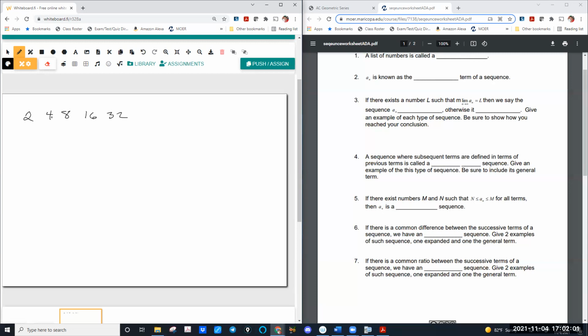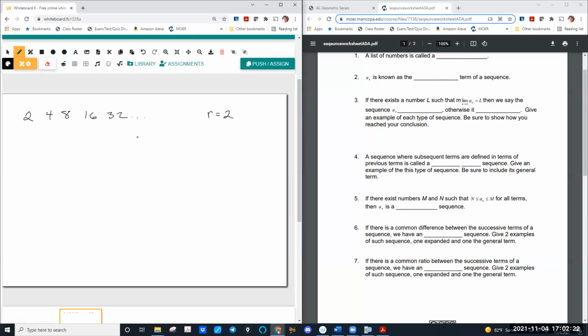If I divide any two successive numbers, 4 divided by 2, 8 divided by 4, 16 divided by 8, 32 divided by 16, we always get the same thing, and that's our common ratio. We have a common ratio in this case of 2.